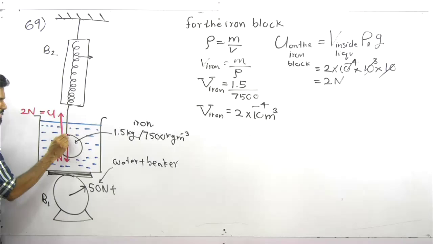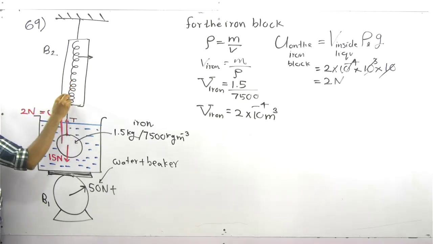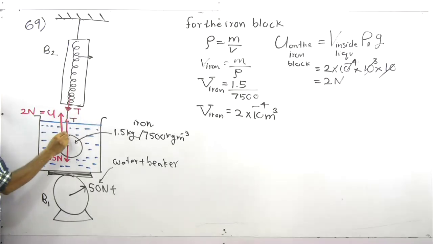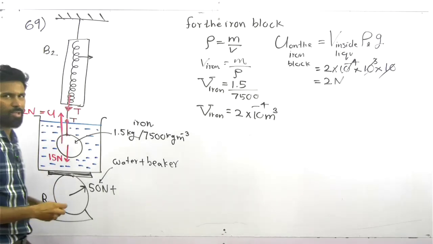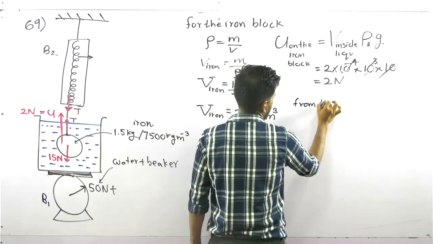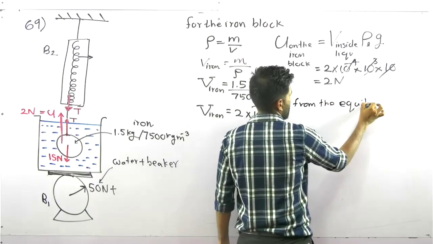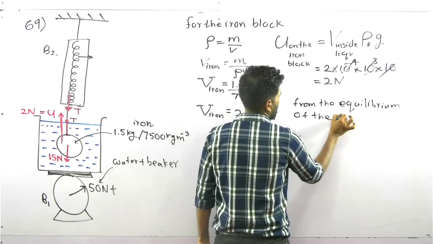Tension attracts the connected point towards the string itself, upward, T, and it will attract the spring downward, T again. The object is in equilibrium.